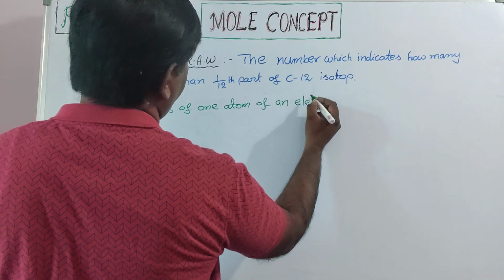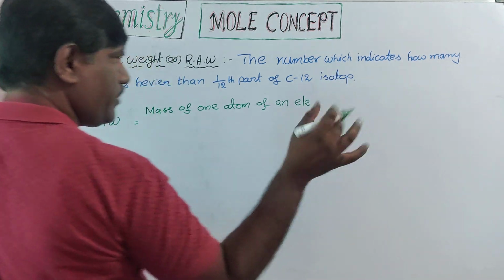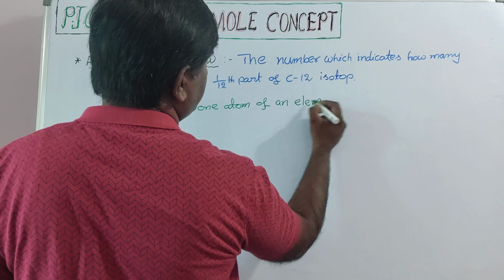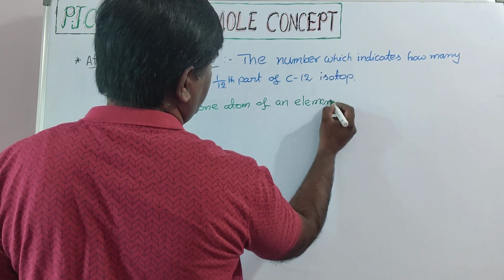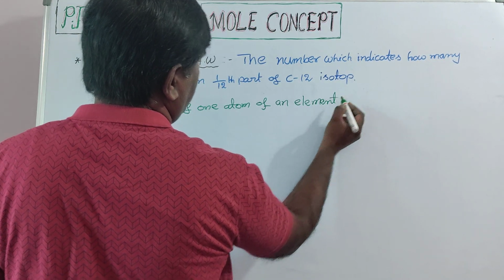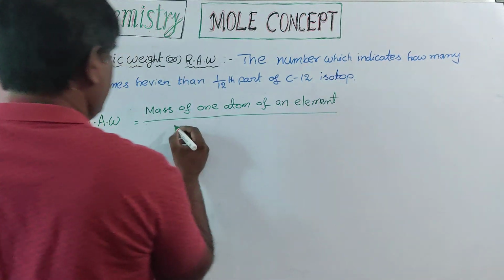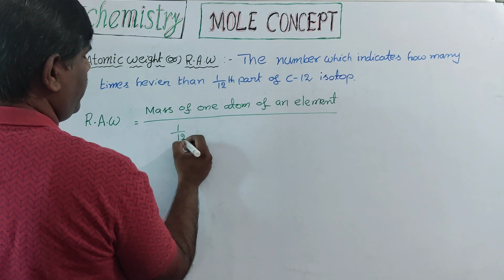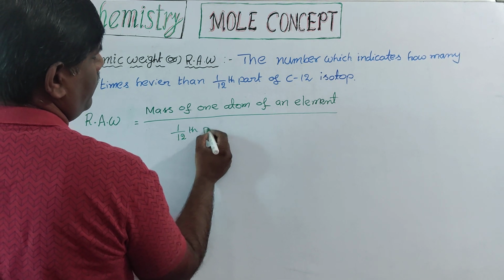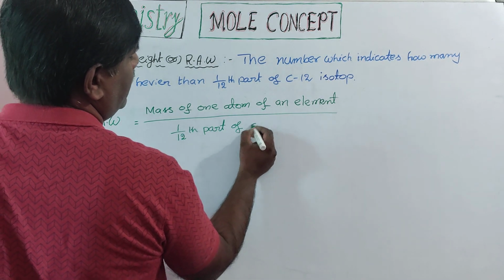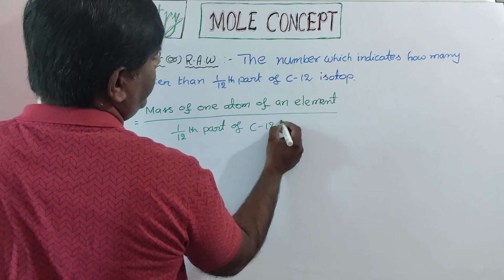How to find the mass of one atom of an element, we discussed in the previous video; check once. Mass of one atom of an element divided by 1 by 12th part of the C12 isotope.